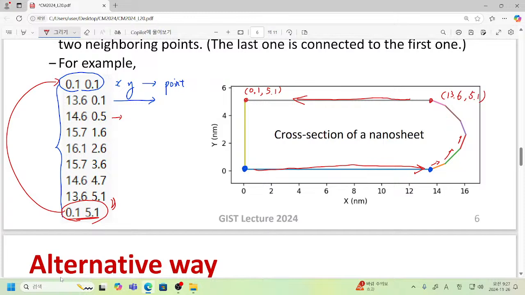Although we don't have something like 0.1, 0.1 again, it is assumed that the last one is connected to the first one, so we will have this kind of behavior. Please note that when you visualize these lines, their directions are rotating counterclockwise.